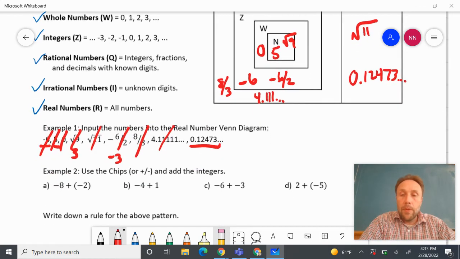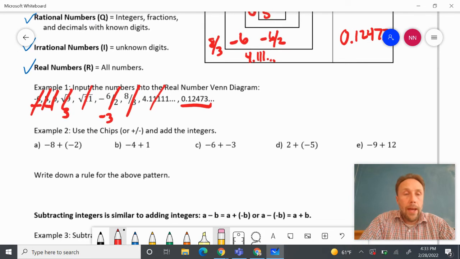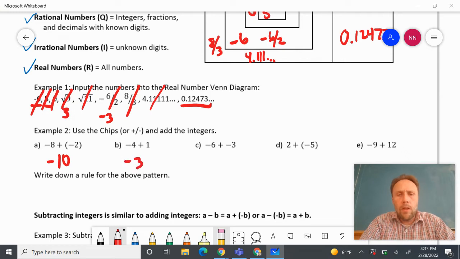Now, for the next example, this is going over the summer packet stuff. We're just going to go over basic adding. When we're looking at this, we have 8 negatives plus a -2 would be 10 negatives. -4 plus 1 would be -3. If you get confused, what you can do is write out the negatives: 4 negatives, 1 positive.